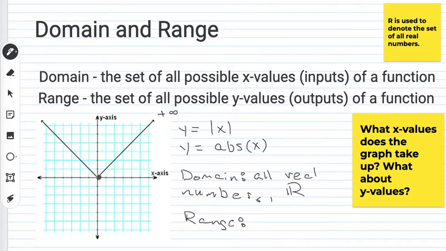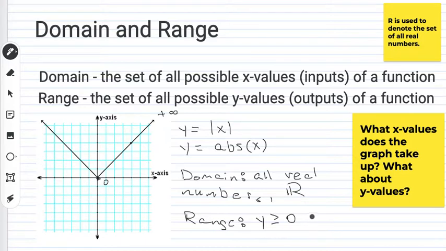So the graph starts at 0, and it goes all the way to positive infinity. So one way we can write this is y is greater than or equal to 0. Because think about it, y can be equal to 0, like it is at this point, but it can also be greater than 0, like it is at this point. So y is greater than or equal to 0.